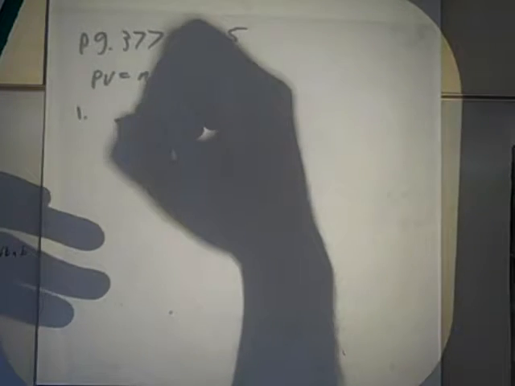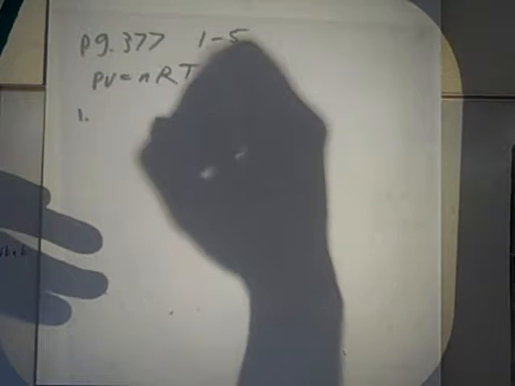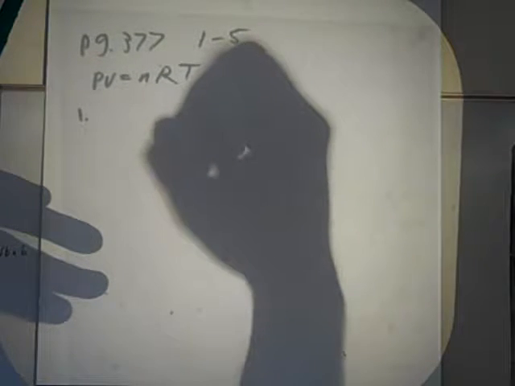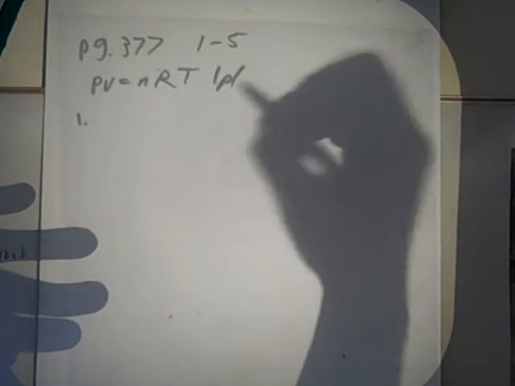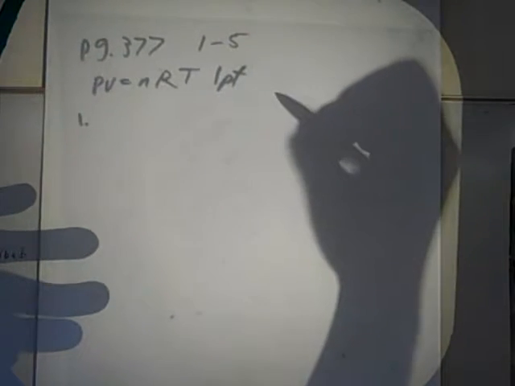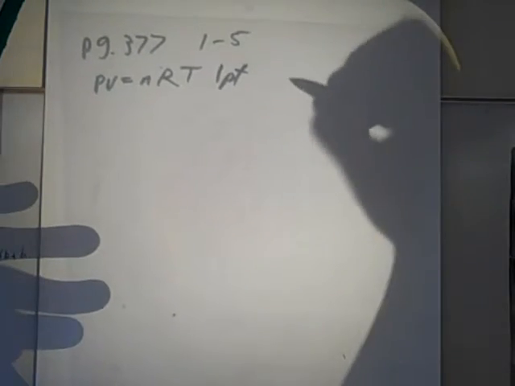It says, what pressure is exerted by 0.622 moles of a gas contained in a 9.22 decimeters cubed vessel at 16 Celsius? So we're solving for pressure. 1 point to write the equation, 1 point to do the algebra.